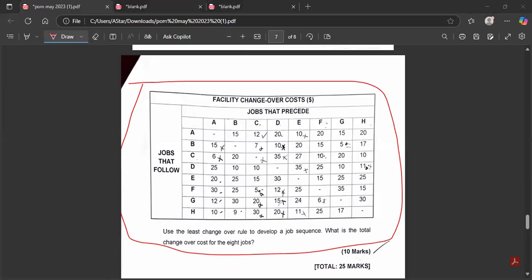What's the smallest cost? Help us, boss. 5.